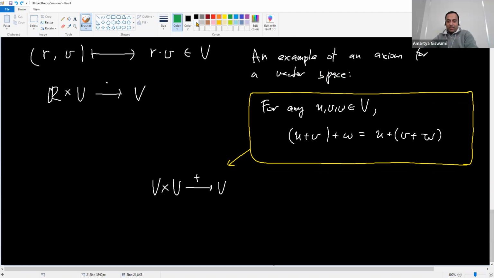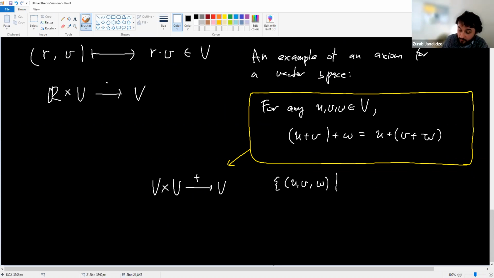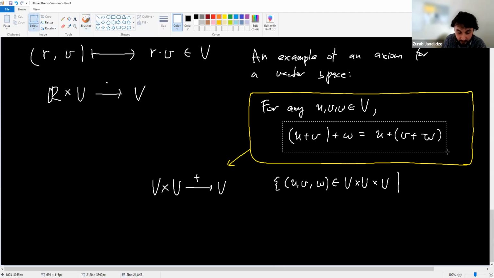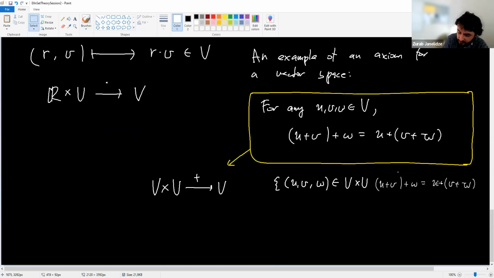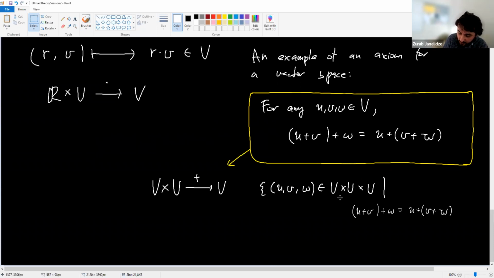Oh, okay. So yeah, we can do that. I didn't think of that. Thanks. So we could think of two sets, triples of vectors. So now this will be the triple product, such that this holds.